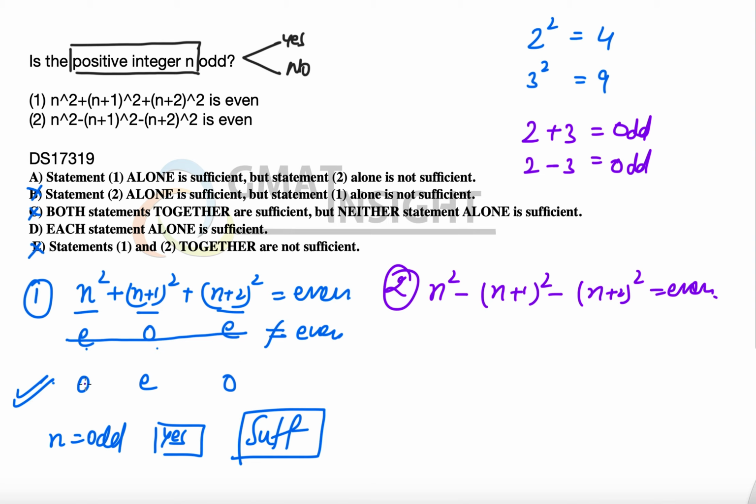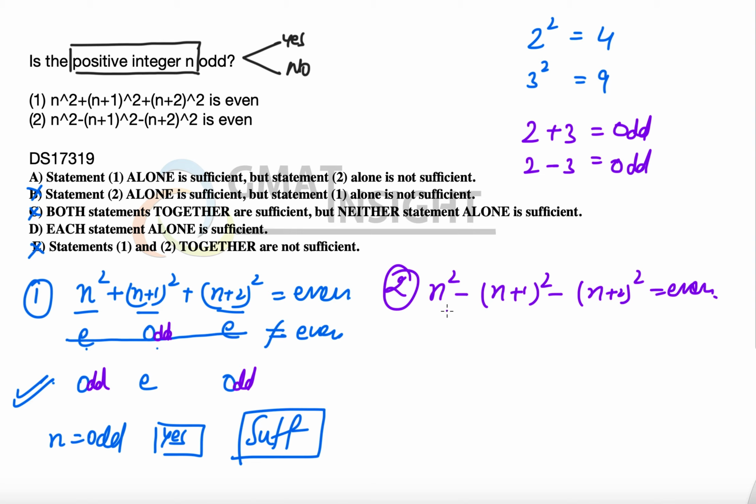Here O means odd, so this is odd basically. This is not 0. I don't want you to get confused with 0. So that means whether you change the sign of plus with minus or minus with plus, the property of the result in terms of being even or odd does not change. So here, in a way, this is exactly the replica of the first one. In the first statement, only the signs have been changed, and we already have seen that the change of sign does not make any difference.